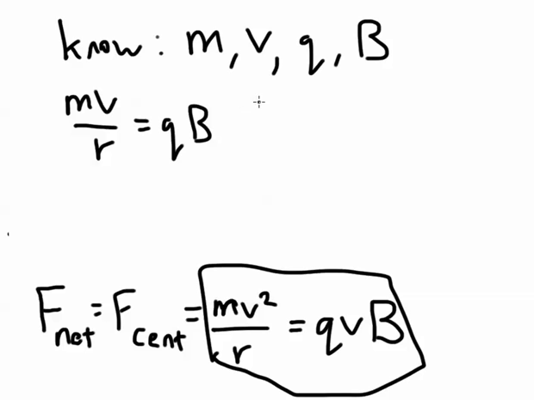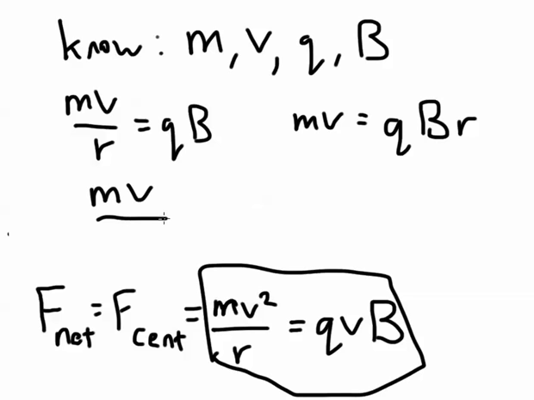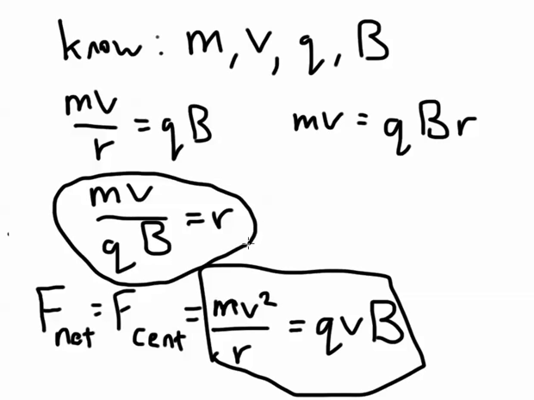And then let's multiply both sides by r. So we have mv equals qBr. And then let's divide both sides by qB. So we have mv over qB equals r. So that is the formula for the radius of the circle that a particle goes around.